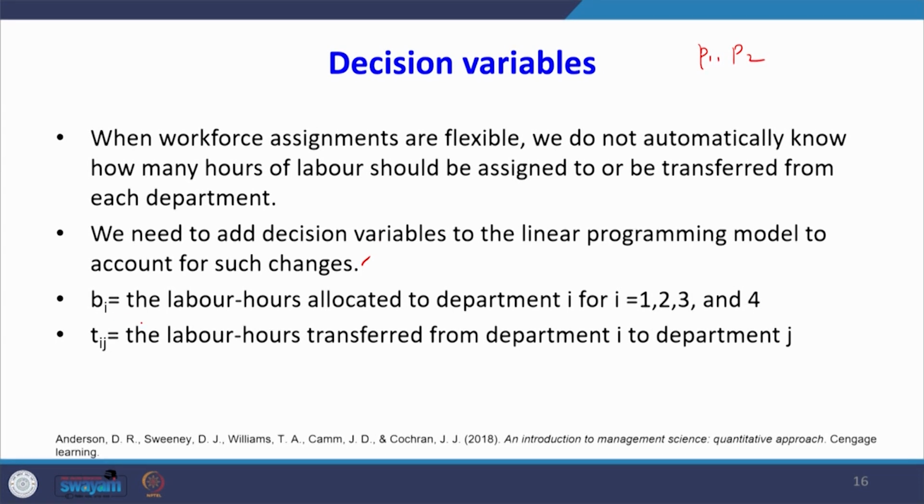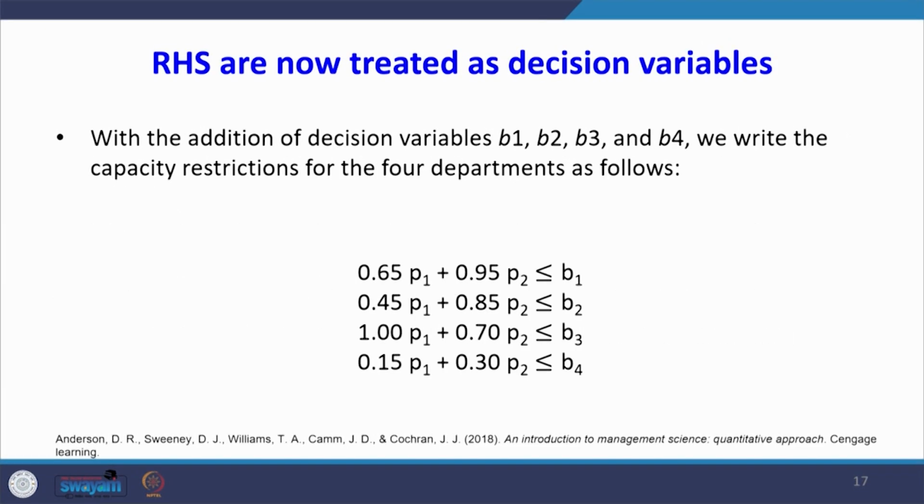Bi represents the labor hours allocated to department i for i equal to 1, 2, 3, 4. Similarly, Tij is the labor hours transferred from department i to department j. So, we are going to add 2 more decision variables. Very important point here: the right hand sides are now treated as decision variables.